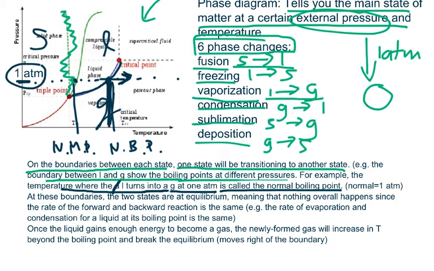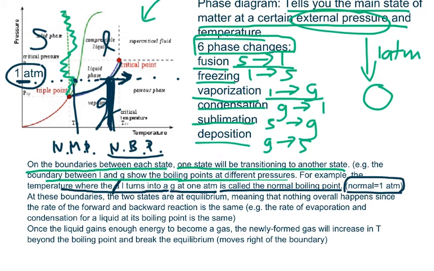And this would be the corresponding temperature to 1 atm on that blue boundary, and this temperature is known as the normal boiling point. And it's a special name because normal stands for 1 atm. So the normal boiling point is the boiling point when the external pressure is at 1 atm.